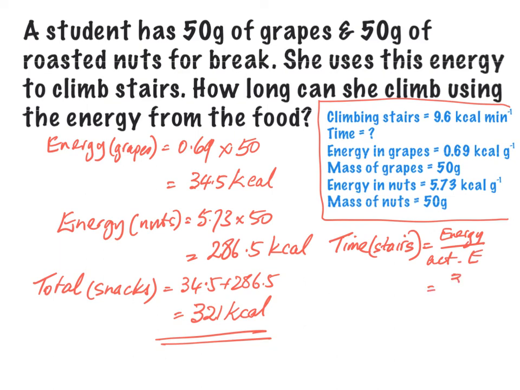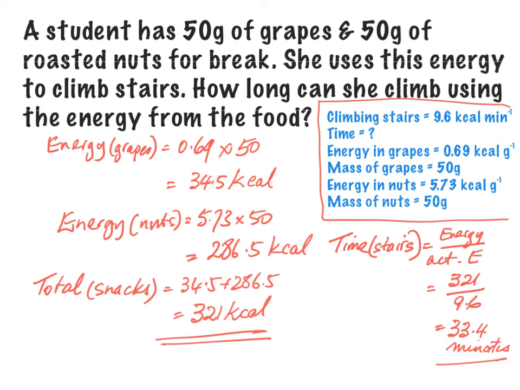So we've got 321 divided by 9.6. So according to this, her snack gave her the energy for this many minutes. If she was just climbing stairs, that is how long she could do it.